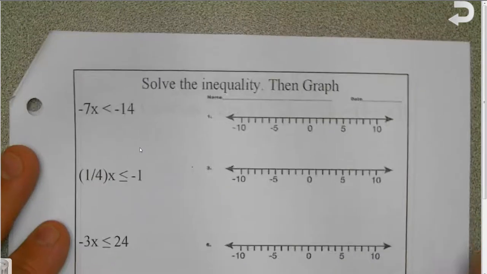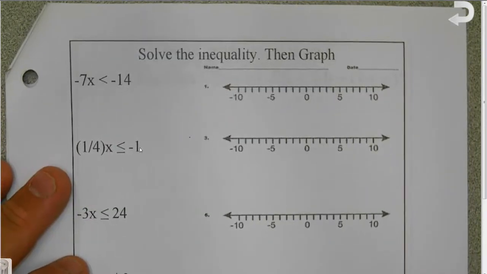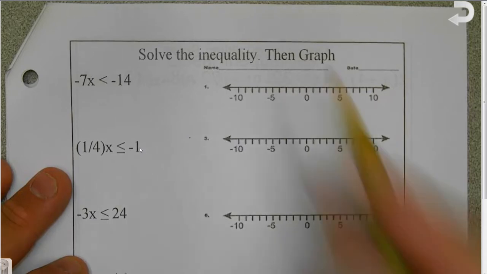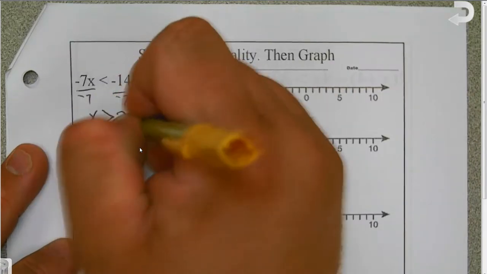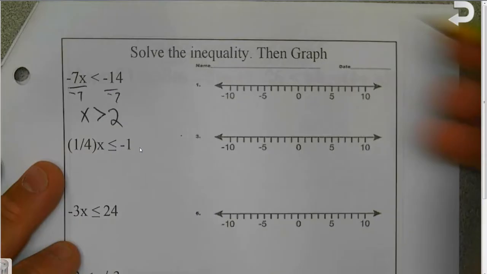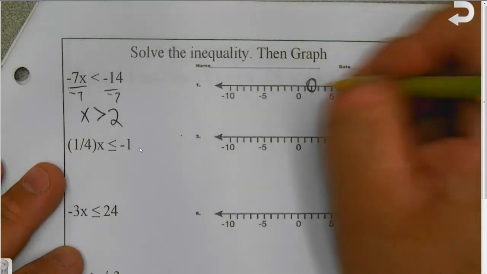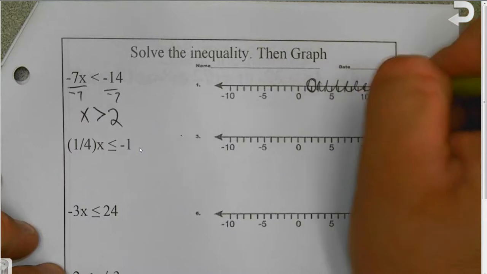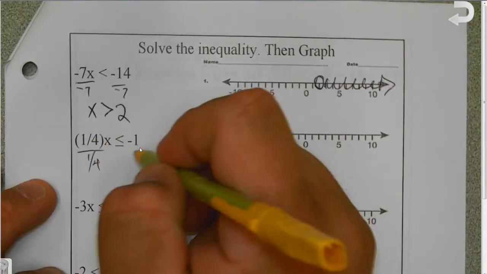When we multiply, do not forget, when you divide by a negative, you flip the sign. So when I divide by -7, it becomes x is greater than 2. So I put a 2, open circle, shade to the right. Now, here I'm dividing by 1/4.